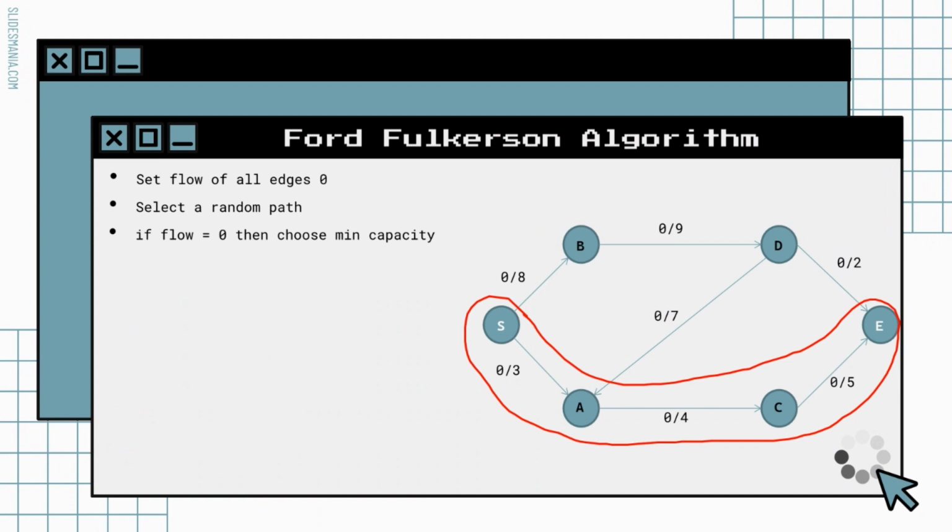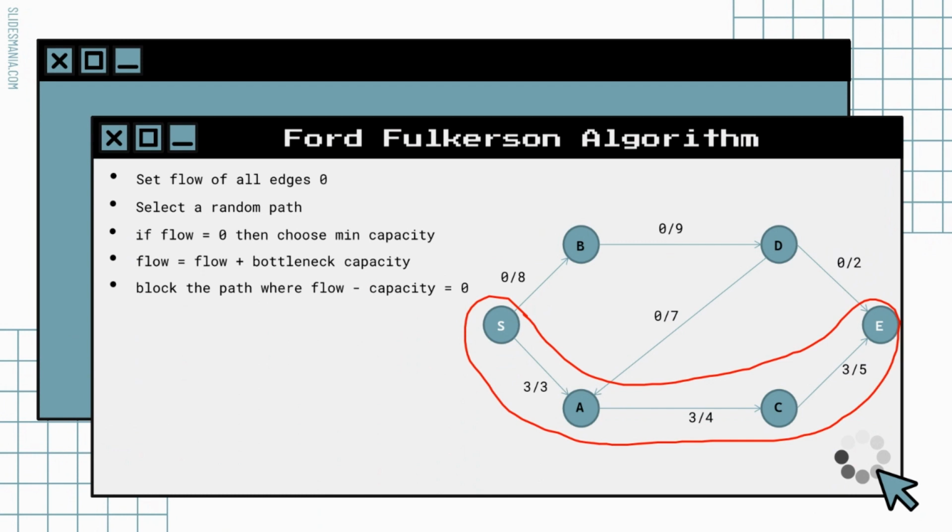Here in this chosen augmenting path, our minimum capacity is 3. Let's understand this equation: flow equals flow plus bottleneck capacity. Initially the flow is 0. If we implement this equation in this path, we can revise the terms like this: 3 by 3, 3 by 4, 3 by 5.